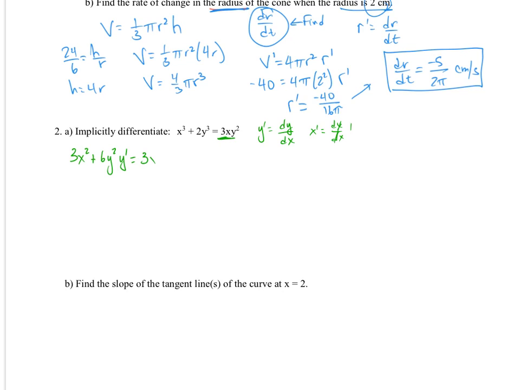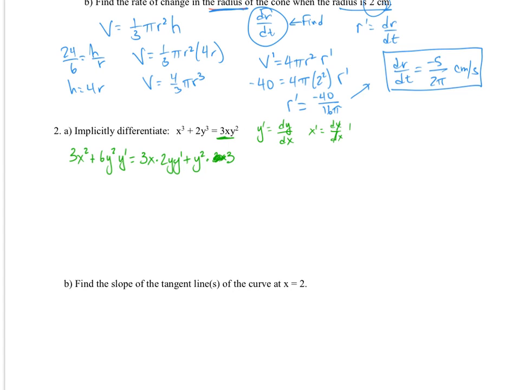So 3x, that's the first, times the derivative of the second, which will be 2y y prime, plus the second, which is y squared, times the derivative of the first one, which will be 3x. So this will be, whoops, this should just be a 3 right there. So let's go ahead and fix that, and we will say that this is just 3, no x, okay?